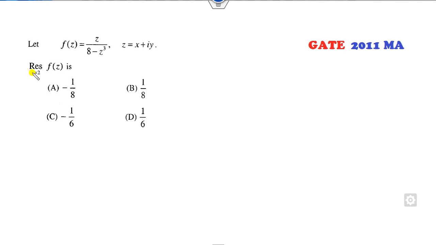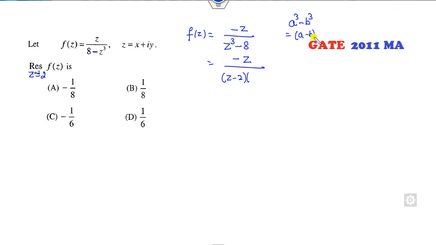Now you can see, find the residue when z is equal to 2. Firstly, because the coefficient of z is negative, I have to make the coefficient of z positive. So what you can do, you can simply write the denominator part, that is a cube minus b cube, which is a minus b, a square plus ab plus b square.